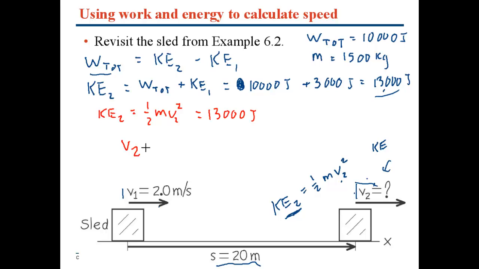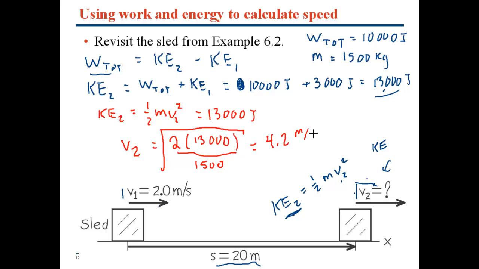So V2 is going to be equal to 2 multiplied by 13,000 divided by the mass, which is 1,500 kilograms. And don't forget the square root. At the end of the day, you're going to come up with 4.2 meters per second.